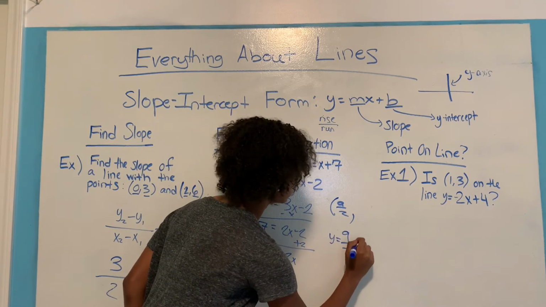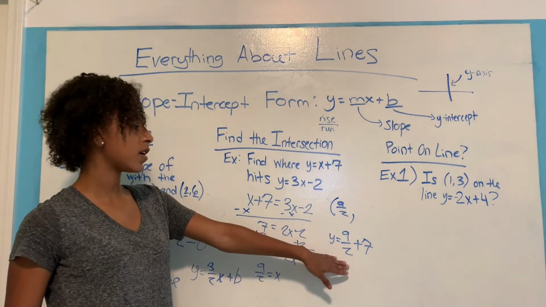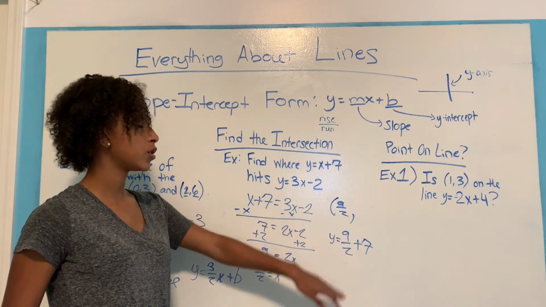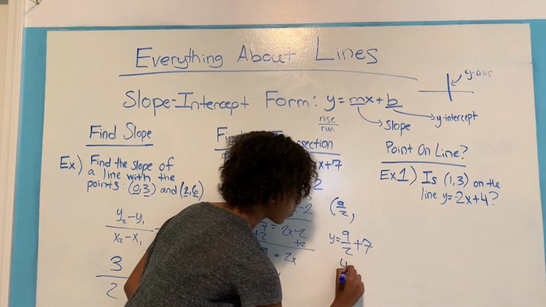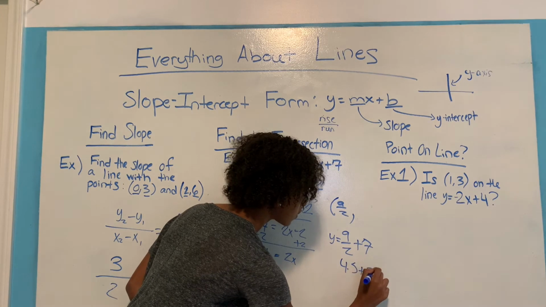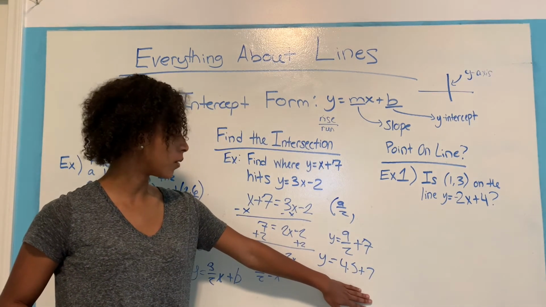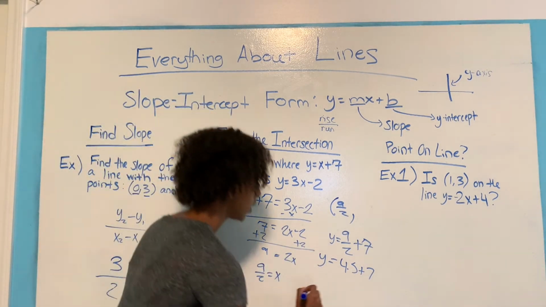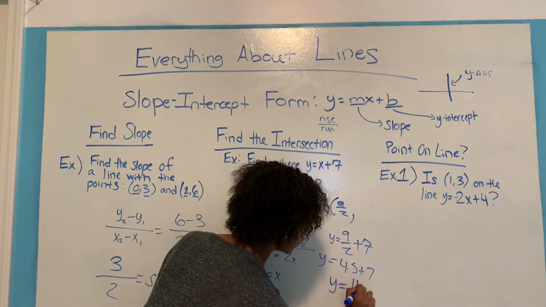So y is equal to 9 over 2 plus 7. In this case, it helps my brain a little bit to make 9 over 2, which is actually equal to 4.5. So you can make that 4.5 plus 7, and if you simplify 4.5 plus 7, y equals 11.5.